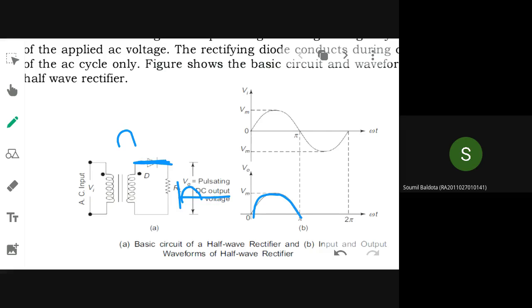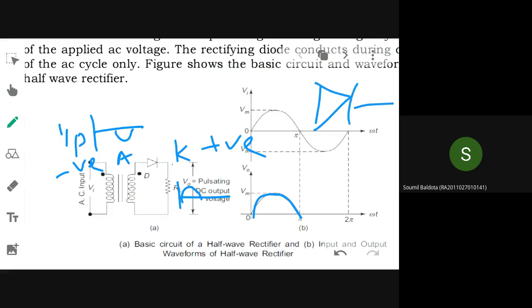Now next case, assume you have a negative half. When the input is negative, the anode becomes negative and the cathode becomes positive.